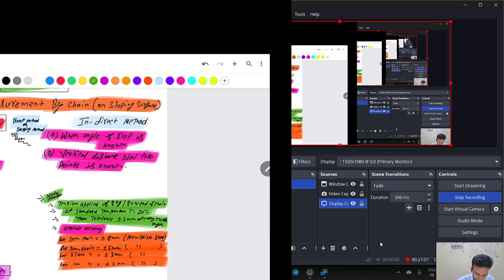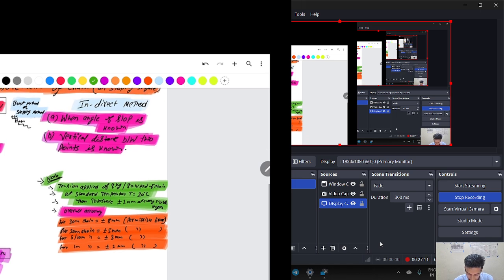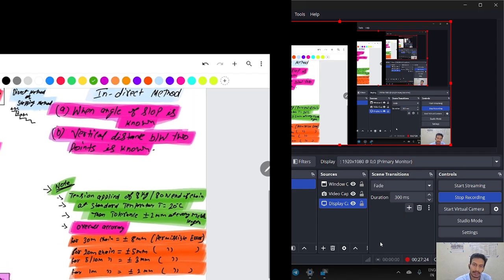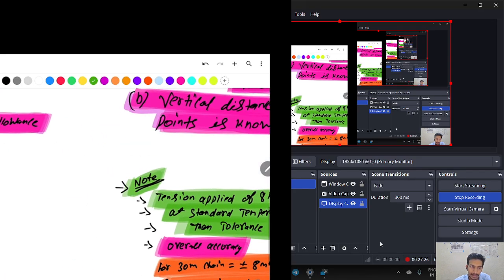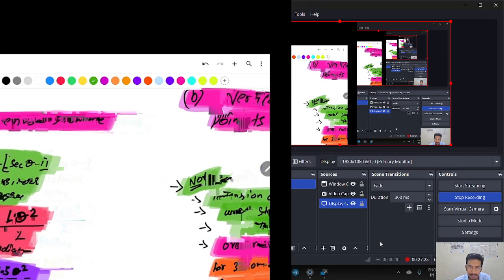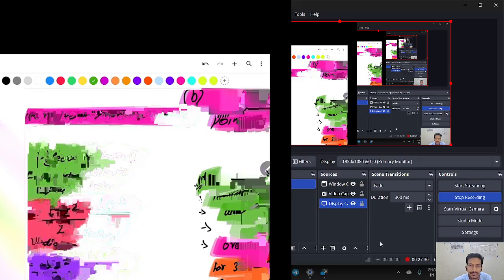This is the most important. Hypotenuse allowance: correction of hypotenuse is equal to L bracket sec theta minus 1.